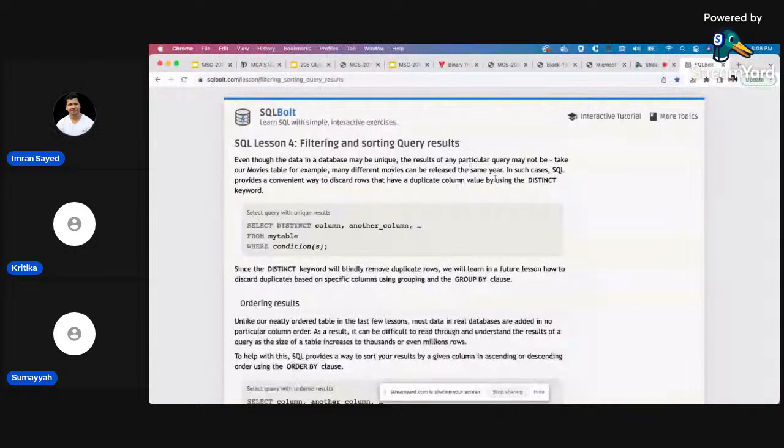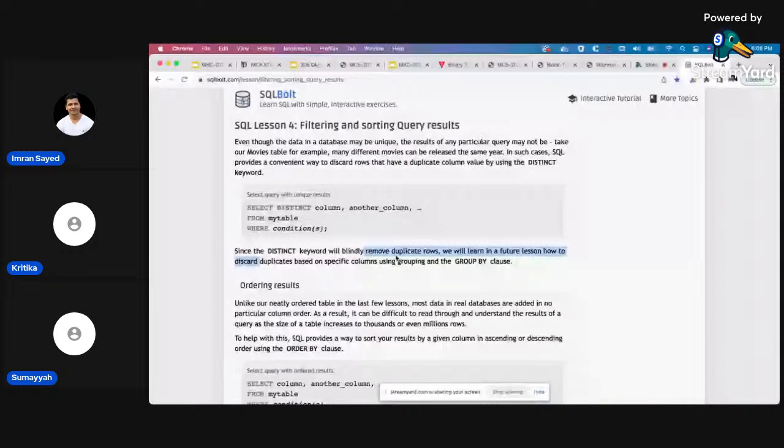In such cases, SQL provides a convenient way to discard the rows that have duplicate column values or attribute values by using the distinct keyword. Since the distinct keyword will be blindly removing the duplicate rows, we will learn in future lessons how to discard duplicates based on specific columns using the group by clause.